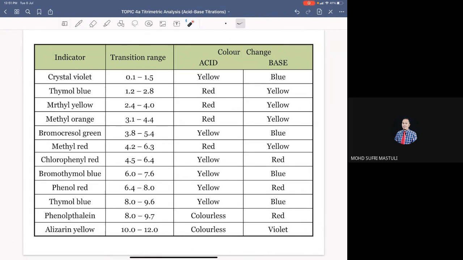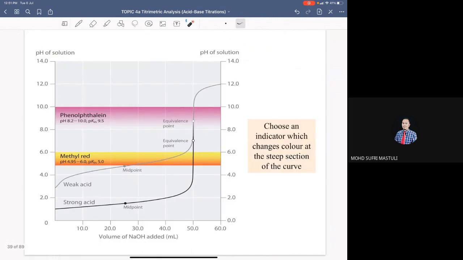No need to remember this, but as long as you remember we have various options of indicators. The color of the indicator will change in a particular pH range. The color should change from one color to another, and the color change should be very clear and very instant.